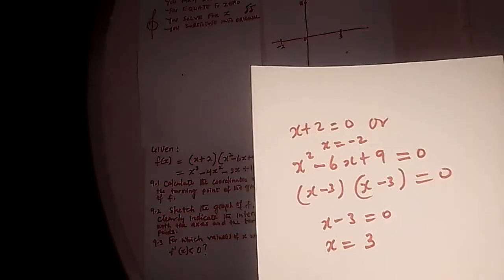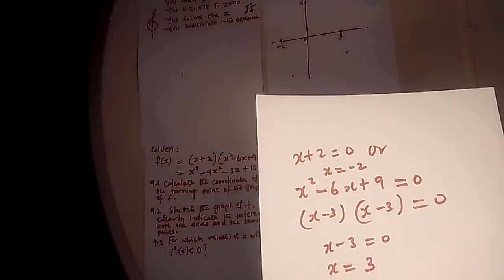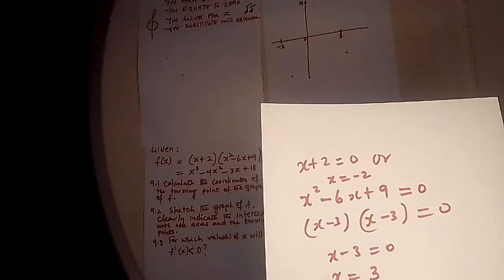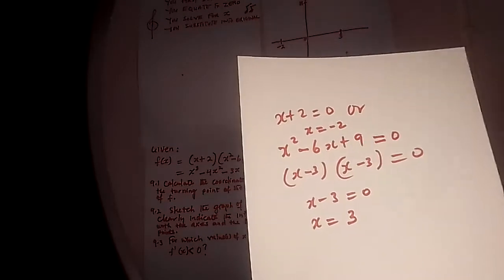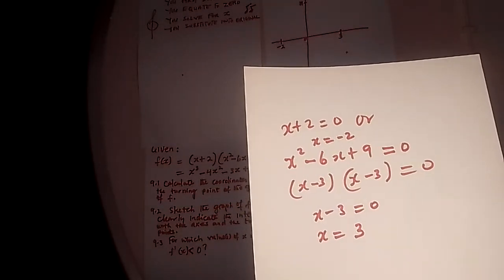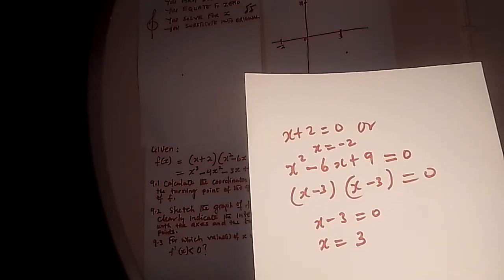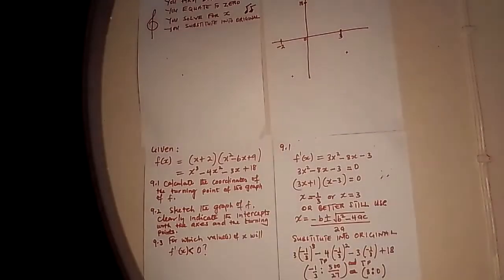So you just put 0 for f of x, and then you take each bracket and solve it. So when you solve it, this is what we have as your x-intercepts: (-2, 0) and also (3, 0). That is your x-intercept. So knowing your x-intercept, we can now calculate your y-intercept.